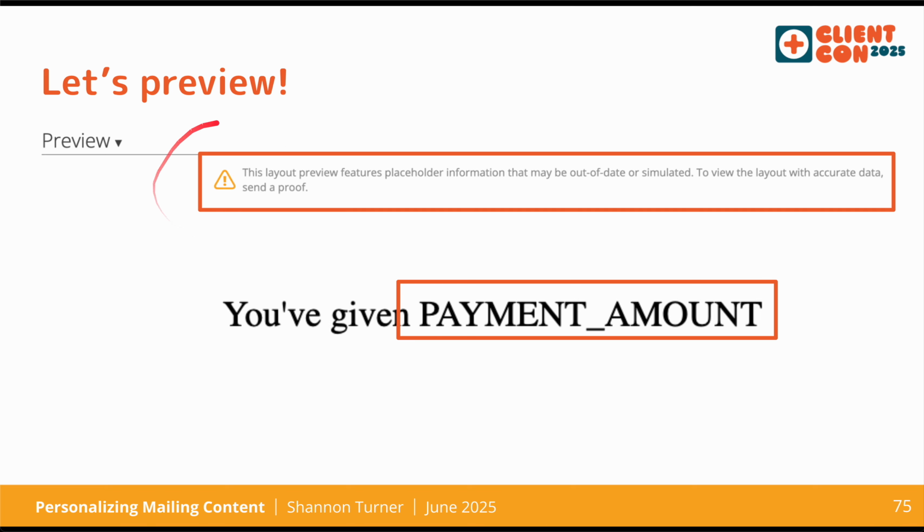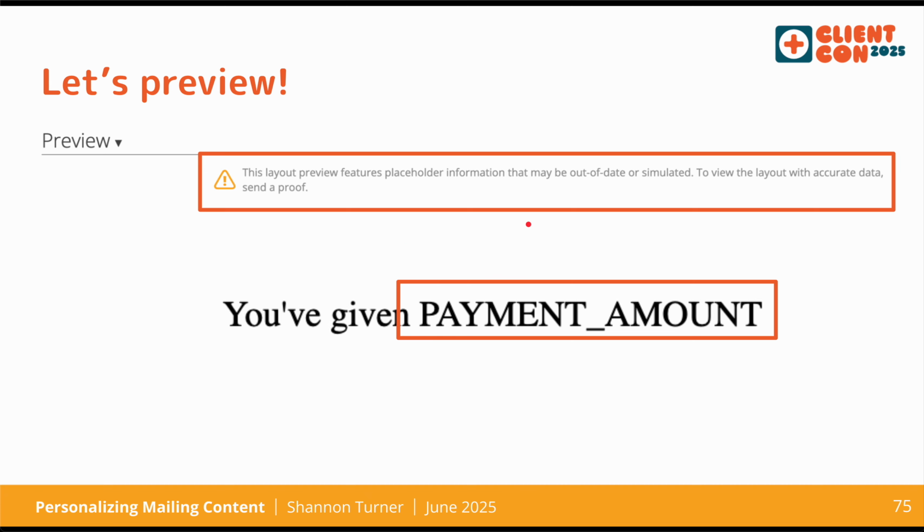Now, the preview pane does actually hint at this, and it tells us to expect it, but it's very easy to overlook. So I've highlighted it here. It says this layout preview features placeholder information that may be out of date or simulated. So to view the layout with accurate data, send a proof.